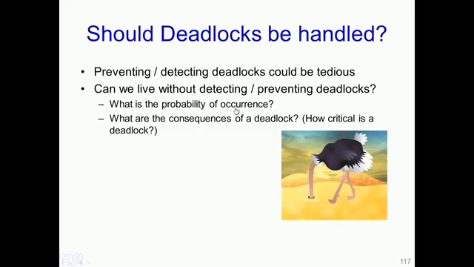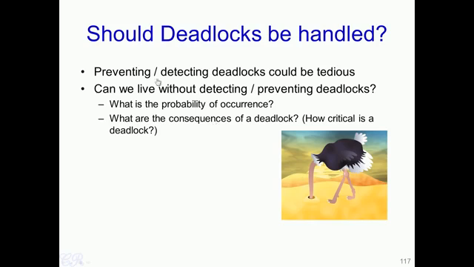So, the other aspect, what is known as the ostrich algorithm, is to completely ignore that deadlocks could occur and run the system without any prevention or any deadlock detection mechanisms.